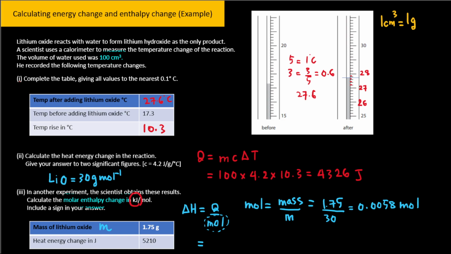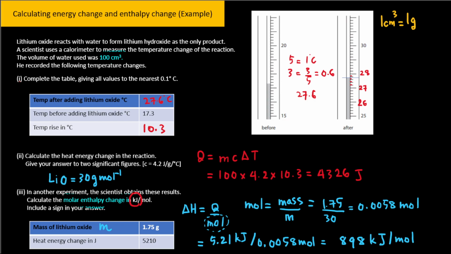So this would be 5.21 kilojoule divided by 0.0058 mole, which would lead us to have 898 kilojoules per mole.